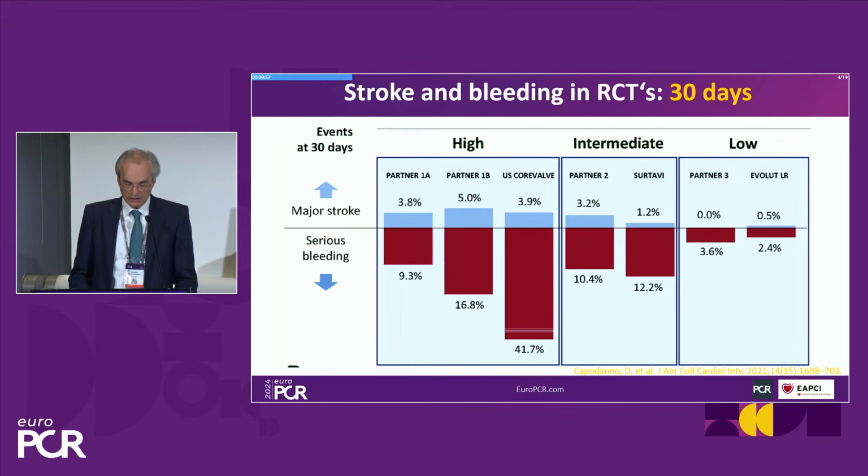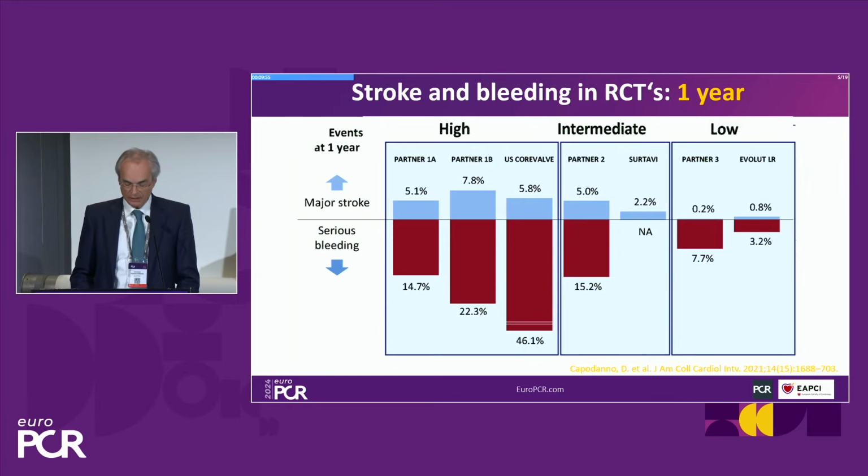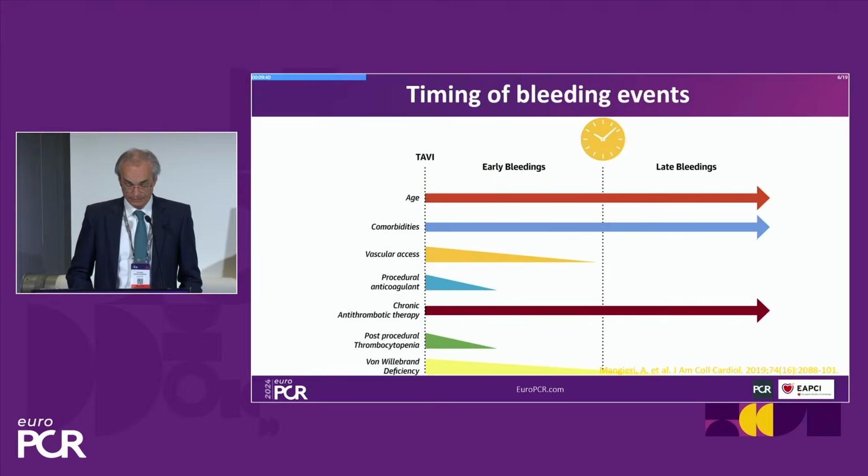Now here you see the 30-day data. If you look at 1 year, you see that there is a considerable increase in major stroke rate in the high-risk patients. In the low risk, it is not. But still, the bleeding risk is of note. Now, what is the timing of the bleeding events?